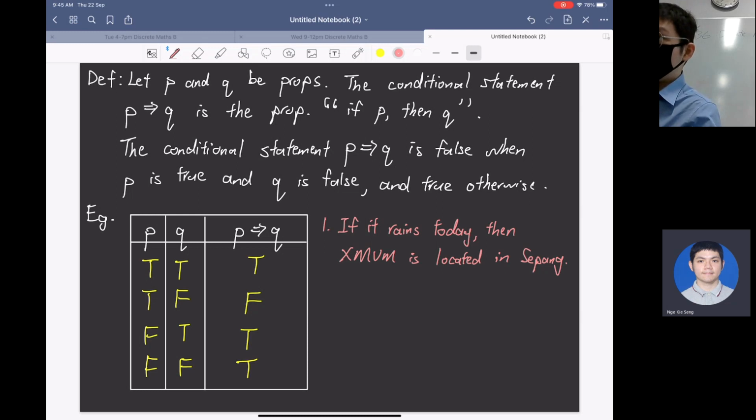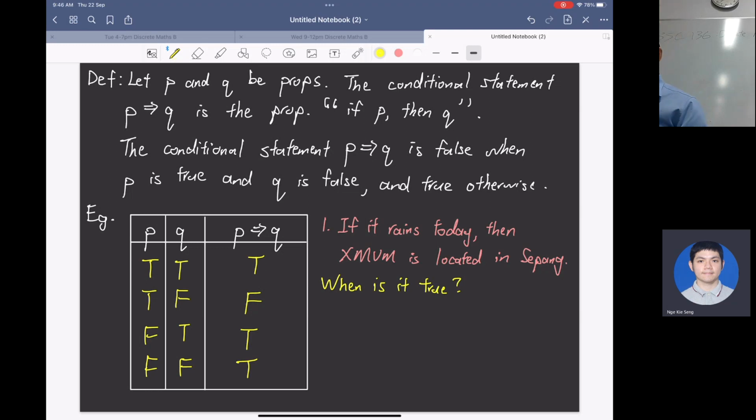So when is this true? When is this statement true? When can this proposition be true?